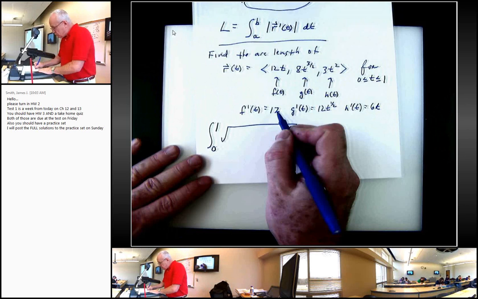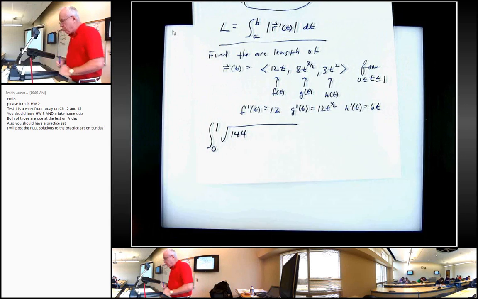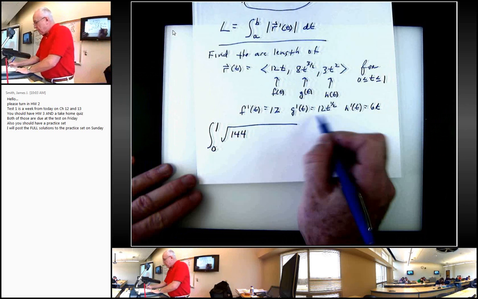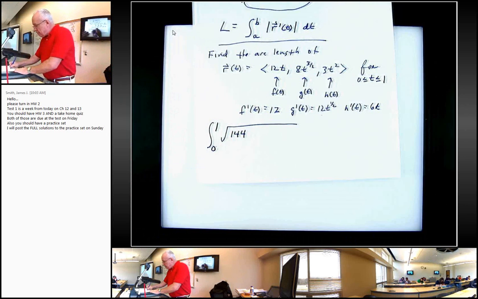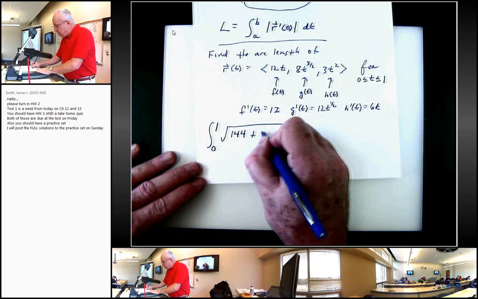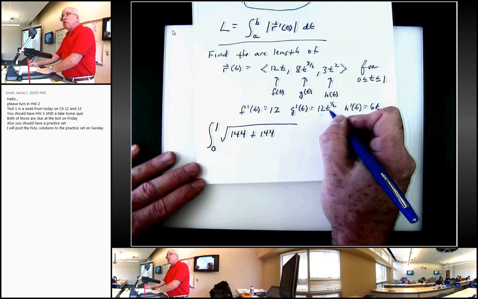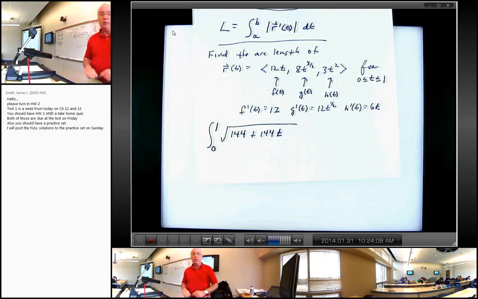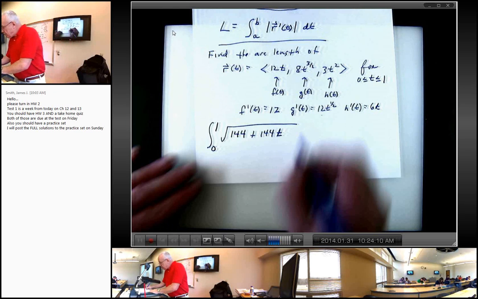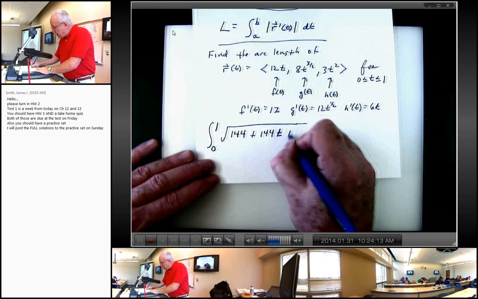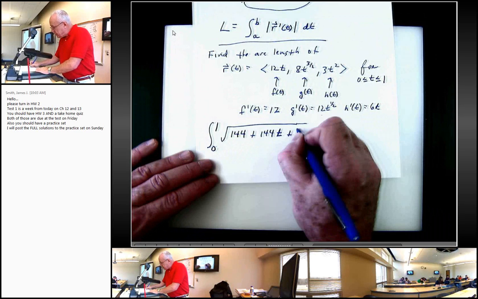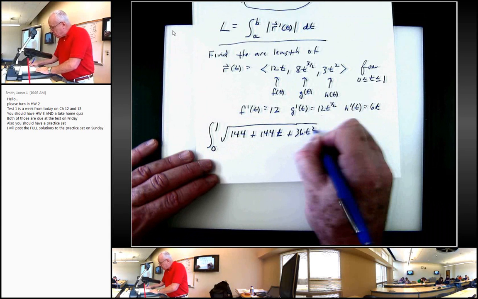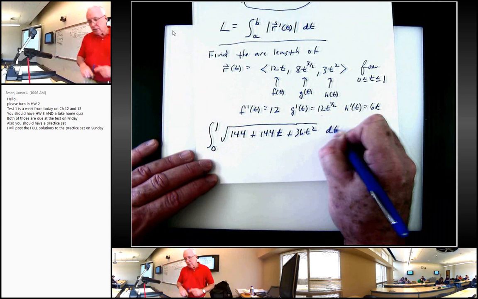So 12 squared is going to give me 144. When I square g prime, I'm also going to get 144, but I'm squaring t to the 1/2 power, so that just gives me plain t. And then when I square h prime, I get 6 6s is 36 times t squared. So I get that.